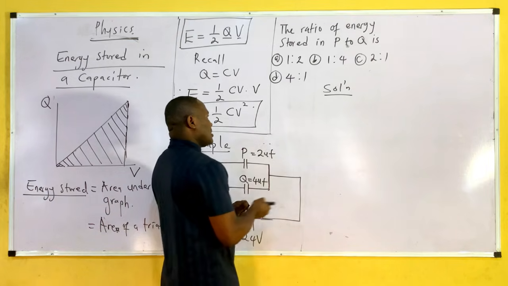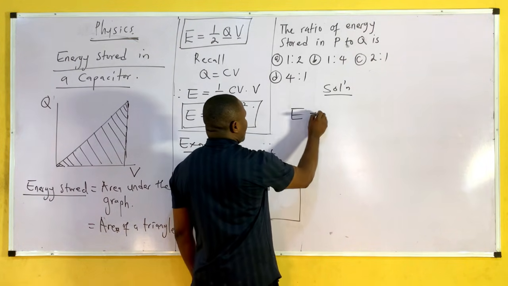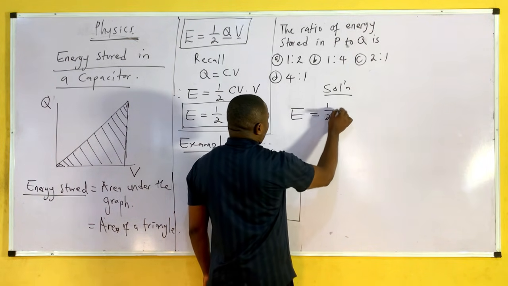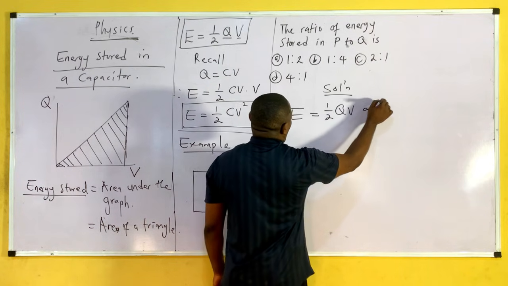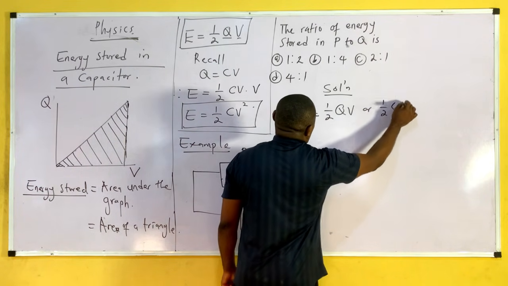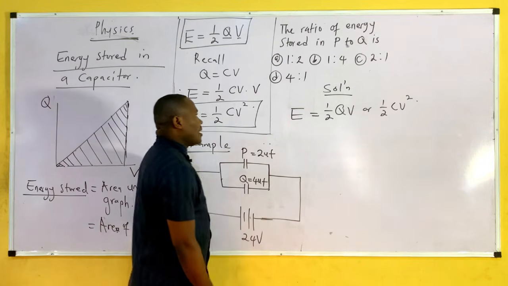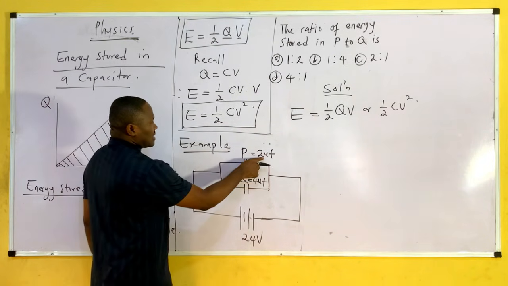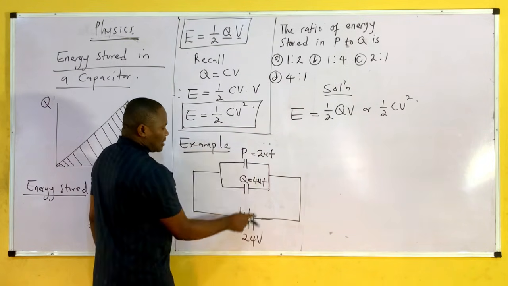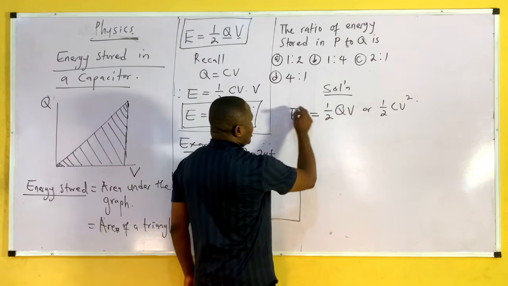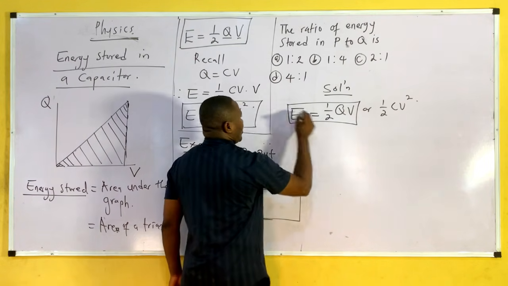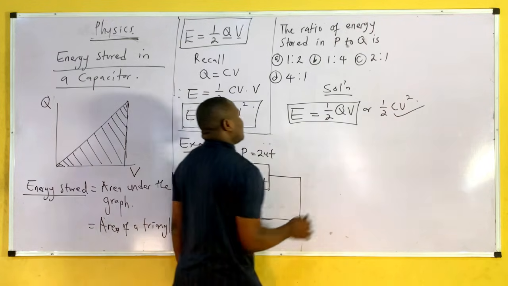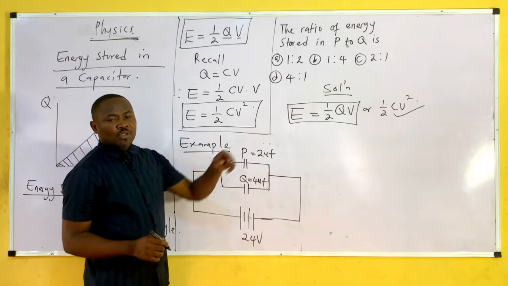So what is the next thing? Remember, energy is equal to 1 over 2 QV or 1 over 2 CV squared. Which of them are we using to solve? This has capacitance and voltage, so we cannot use the QV formula. Rather, we are using this one.